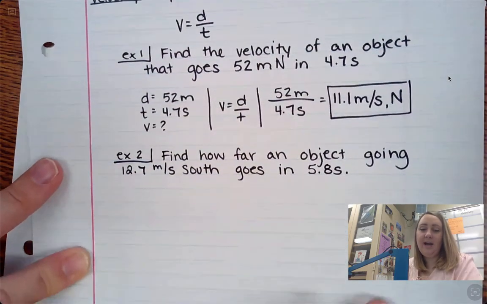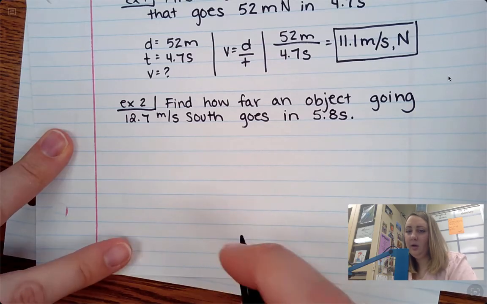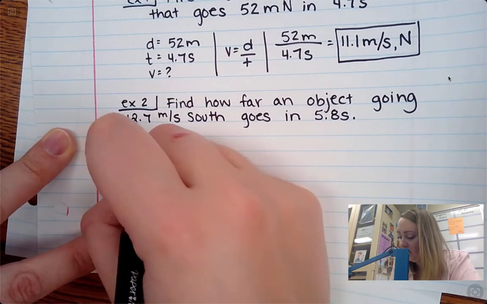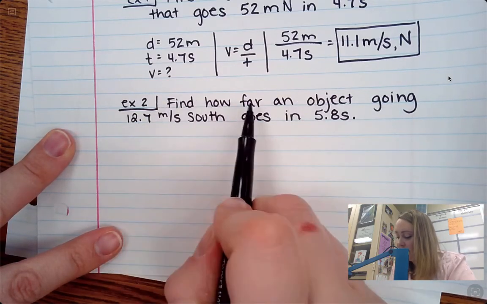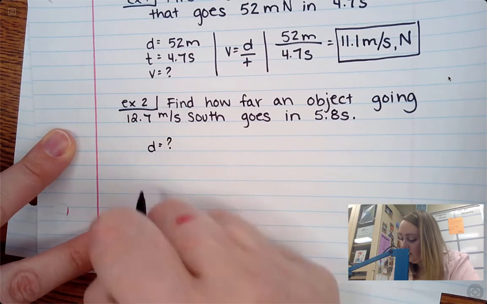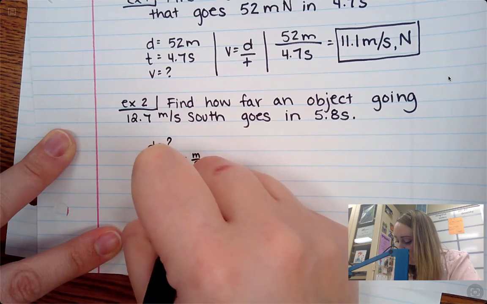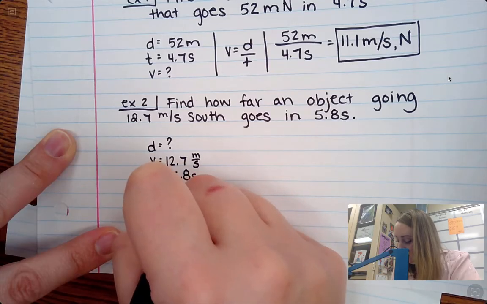So we're going to find how far an object going 12.7 meters per second south goes in 5.8 seconds. So let's list our variables. It says find how far. And I like to list them in order as I read the problem. Find how far. So that's distance. I don't know. It says the velocity is 12.7 meters per second. And the time is 5.8 seconds.